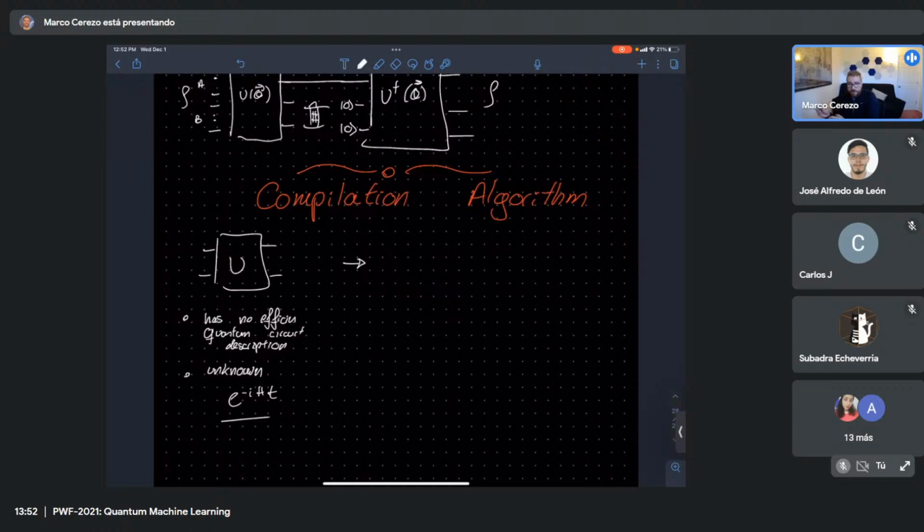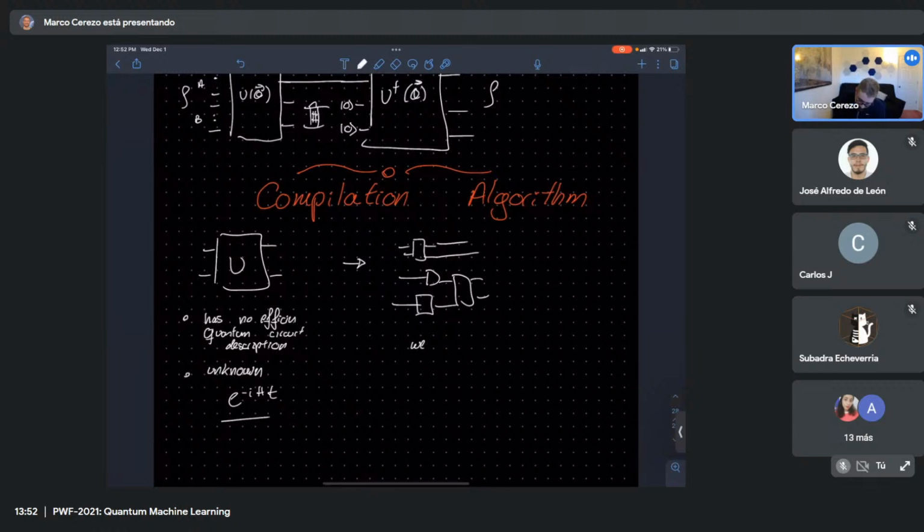But is swap a natural interaction in your superconducting quantum computer, based on the physical interactions between the qubits? Most likely not. You're going to have to decompose that into a sequence of quantum gates. So what we want to get at the end here is just a given sequence of quantum gates that is going to have the same action as U.